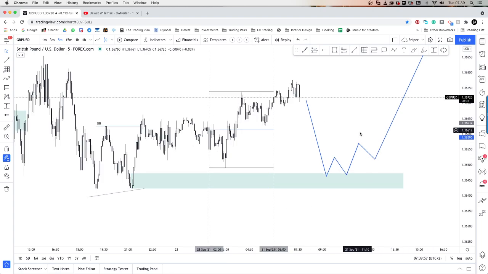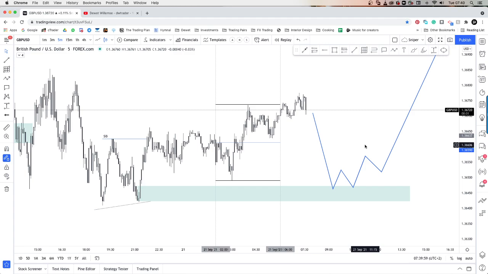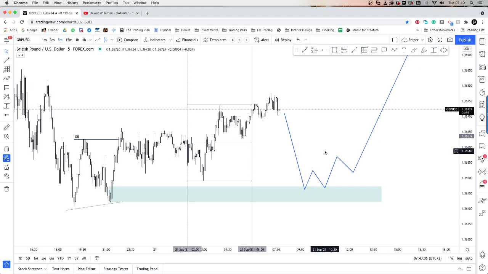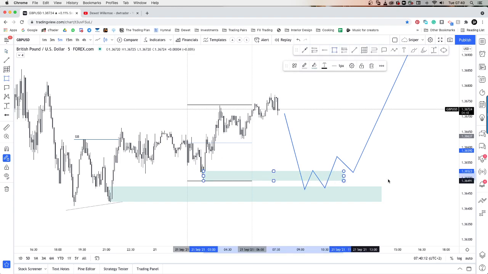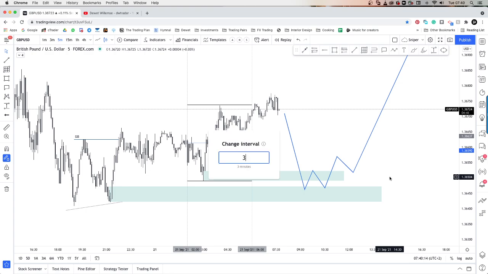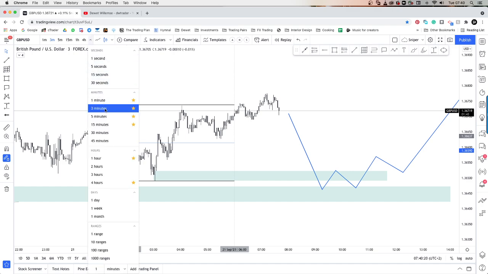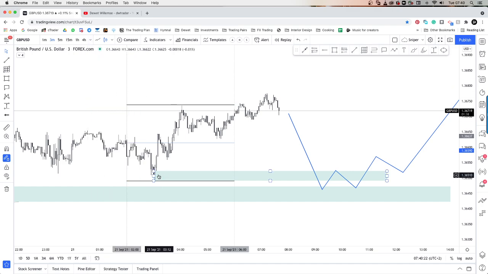So this is a setup that I do see potential in. If we just see a retracement inside the Asian range, typically I would be looking then at this area, this wick potentially. And that would potentially be something on the 3-minute or the 2-minute. Could be something in there.